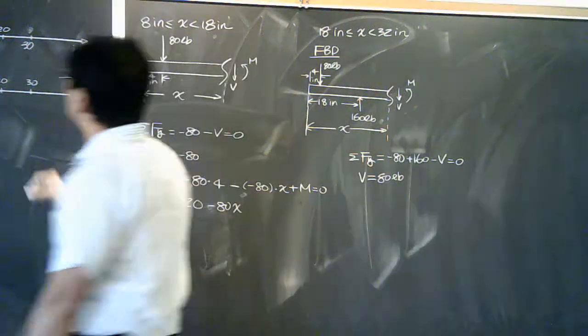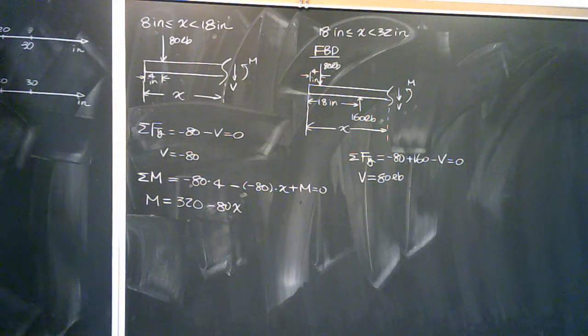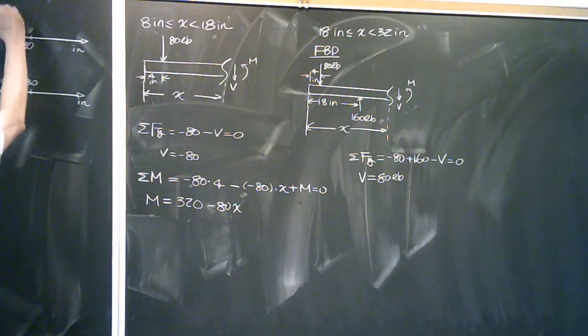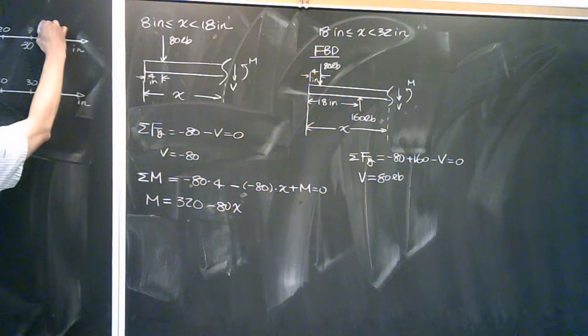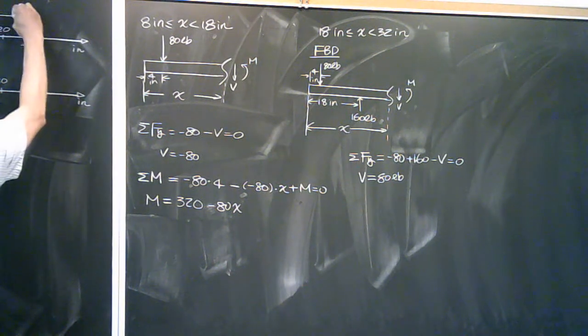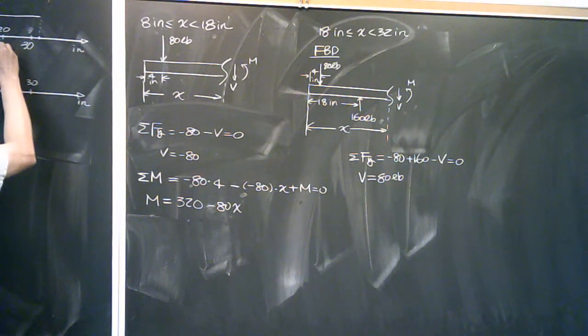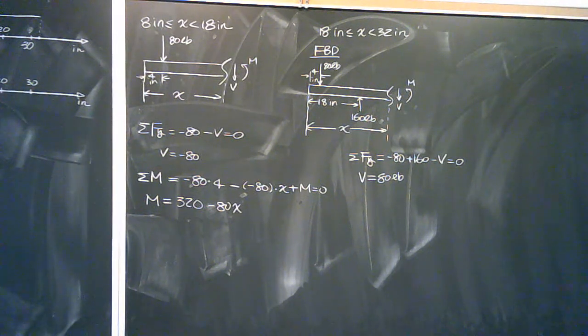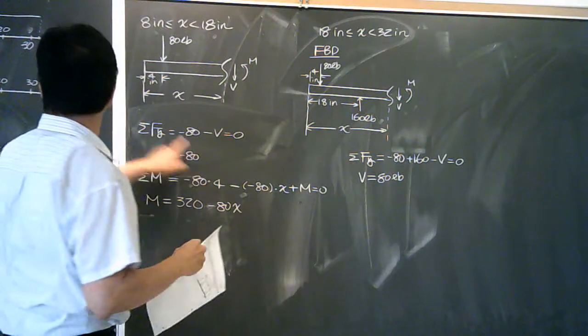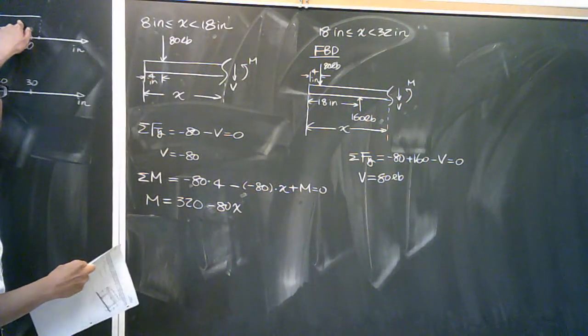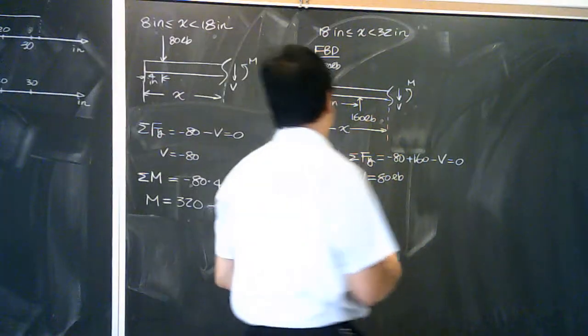So it will jump from negative 80 over here directly to 80 over here, which makes sense, right?